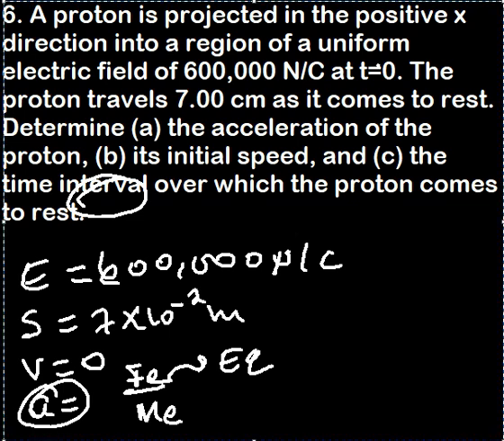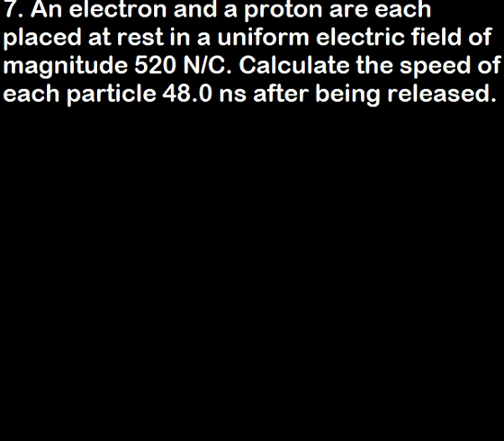And finally, let's pay attention to this question. We also have this other question. An electron and a proton are each placed at rest in a uniform electric field of magnitude 5.2 newtons per coulomb. Calculate the speed of each particle 48.0 nanoseconds after being released.